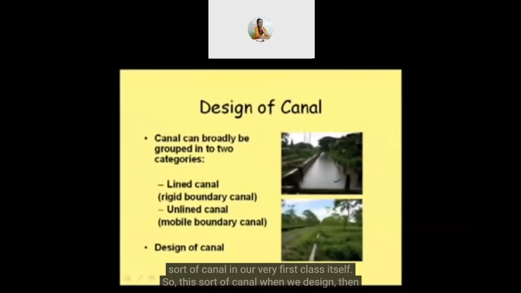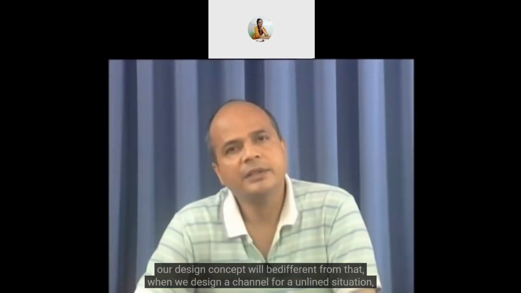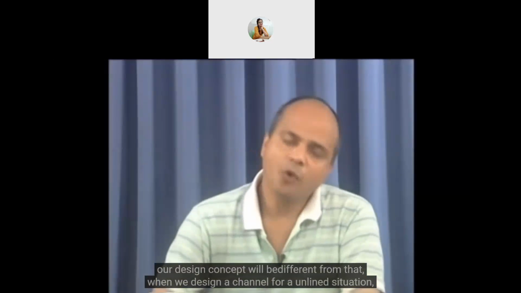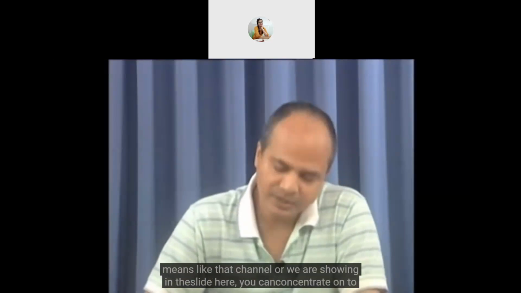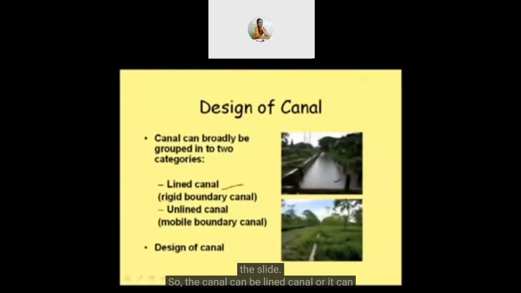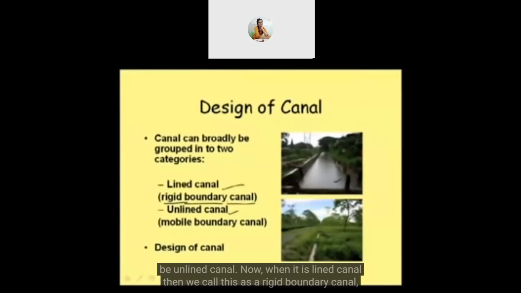When we design this sort of canal, our design concept will be different from when we design a channel for an unlined situation, like the channel we are showing in the slide here. You can concentrate on the slide. So the canal can be lined canal or it can be unlined canal. When it is lined canal, we call this a rigid boundary canal.